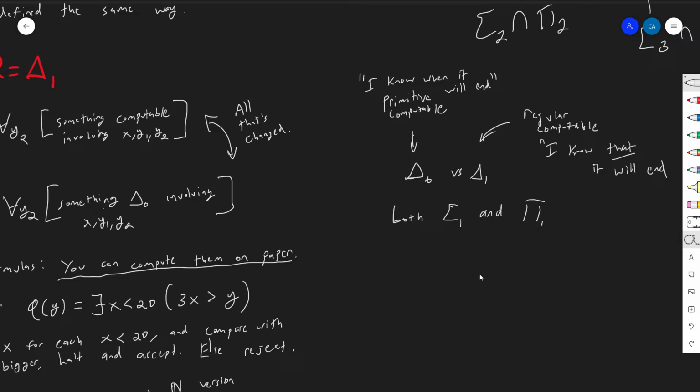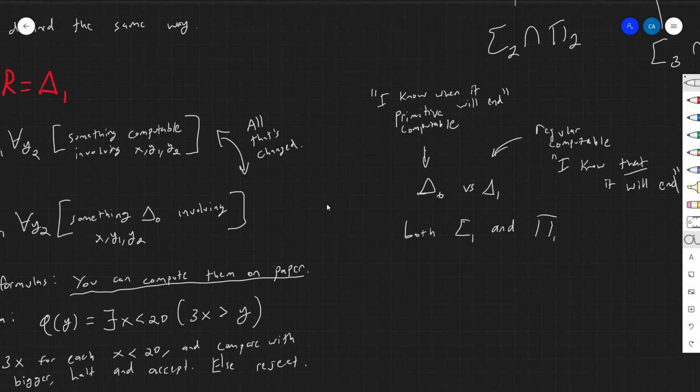And there's a big question: are those different? It's tempting to think there might be some theorem that says, if I always have an algorithm that tells me that it will end, then I can always redesign an algorithm that knows exactly how many steps, that doesn't need any undetermined while loops, right? But that's actually not true. These are not the same class.